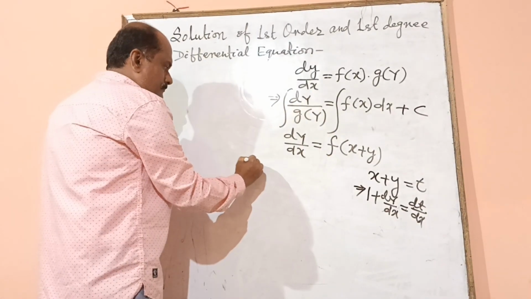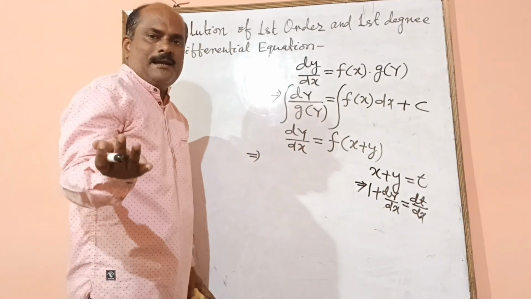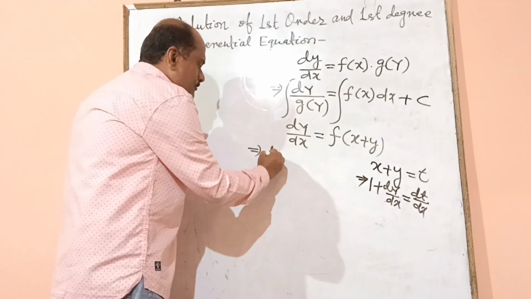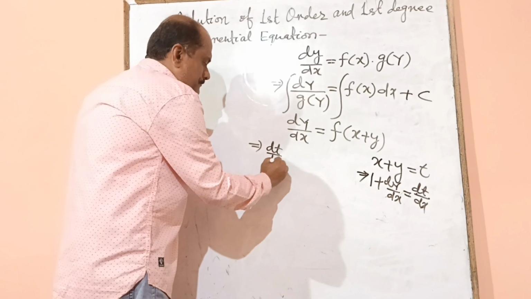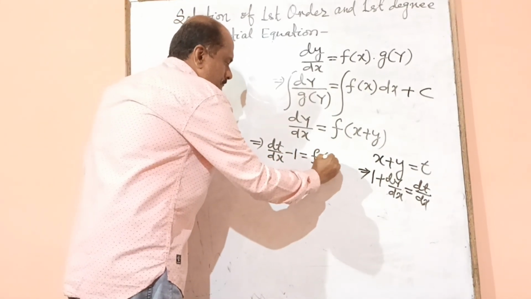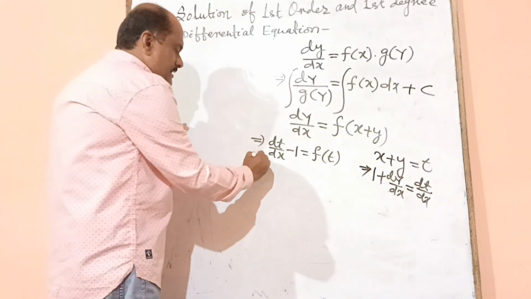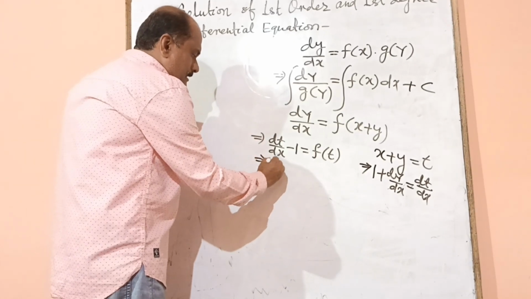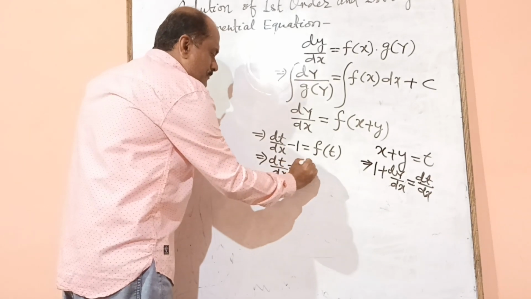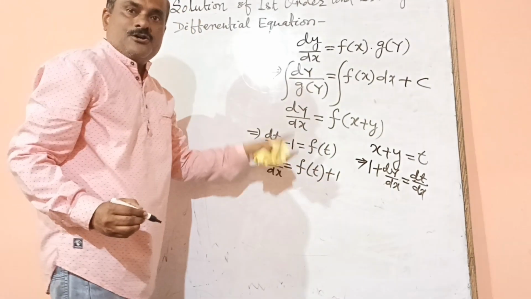Now, what is the value of dy/dx? We remove the variable y. It is dt/dx - 1 = f(t), as we put x + y = t. This implies dt/dx = f(t) + 1.